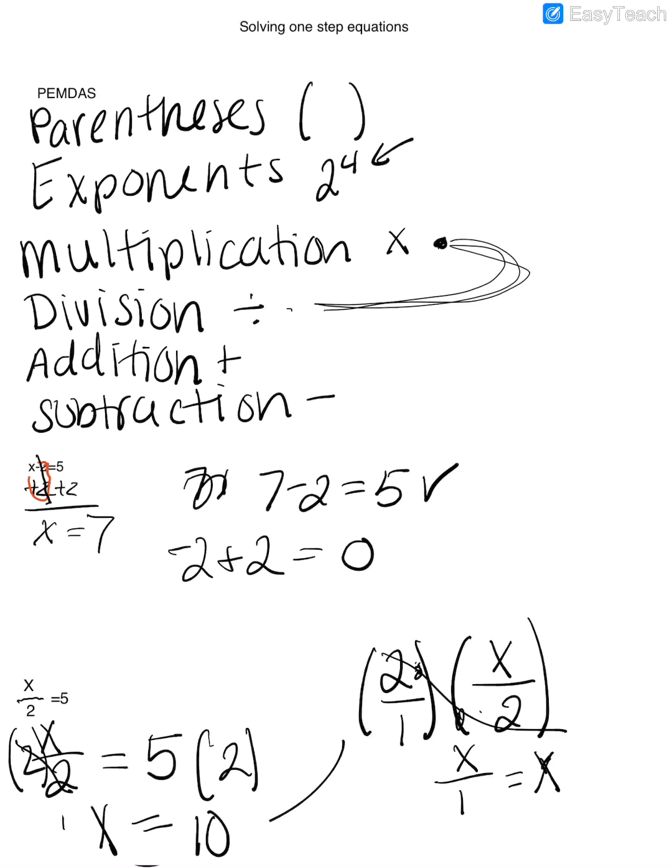All right, so now you guys are going to try this problem. So something divided by 10 equals 3. So pause the video, take a second, try the problem, and then we'll go over it.